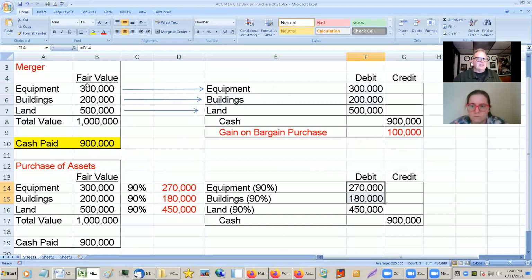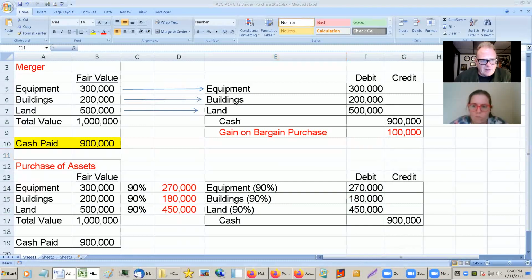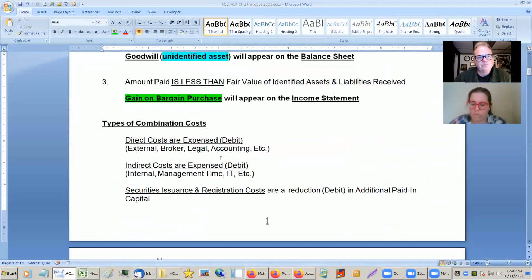So it is kind of two different worlds: if it's a merger, you recognize the gain; if it's not a merger, you don't. I thought they would change this one, but they haven't changed it yet, as far as I know. I'll check it out again. Yeah, they kept it.